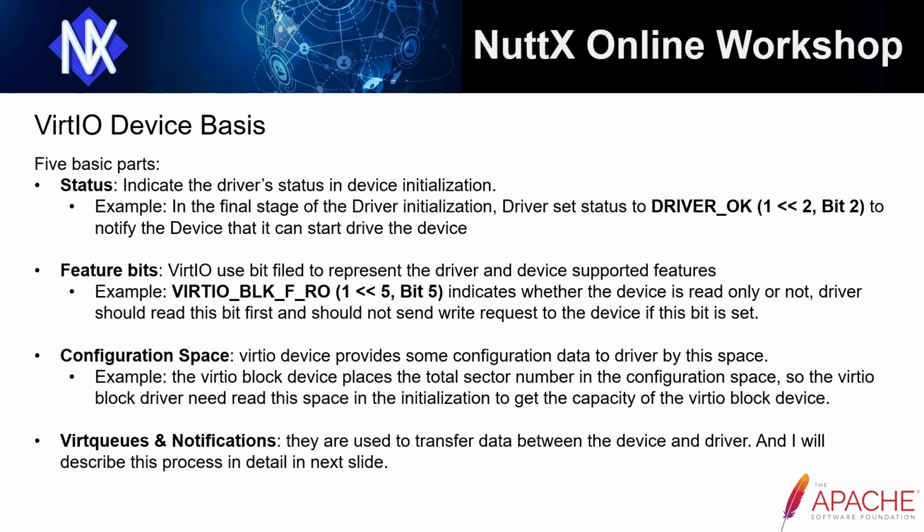So the VirtIO block driver needs to read this space in the initialization to get the capacity of the VirtIO block device. The next parts are virtual queues and notifications. They are used to transfer data between device and driver, and I will describe this process in detail in the next slide.